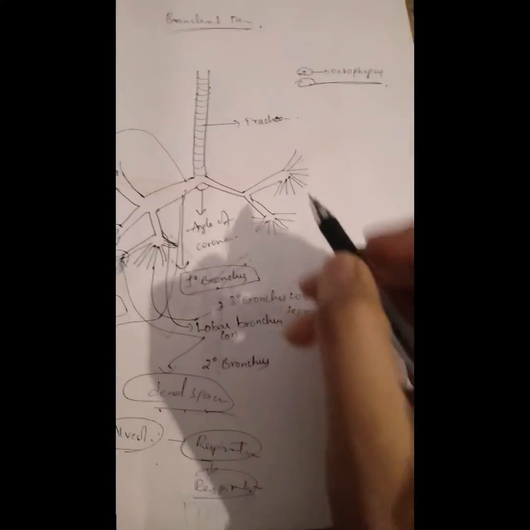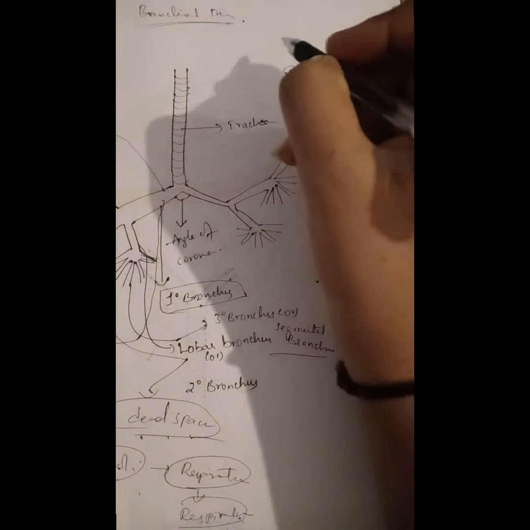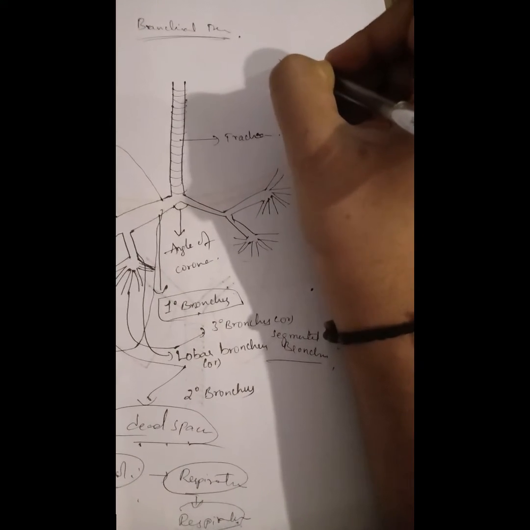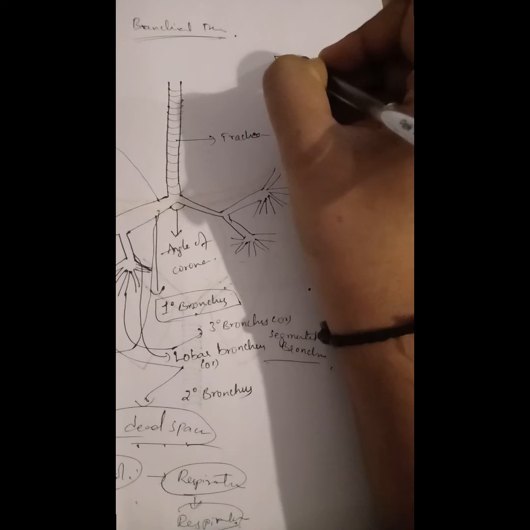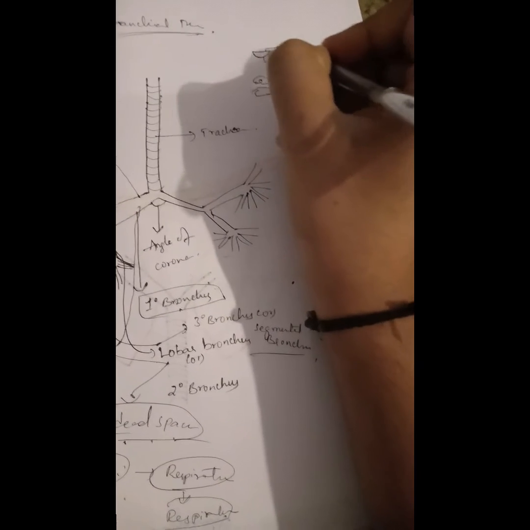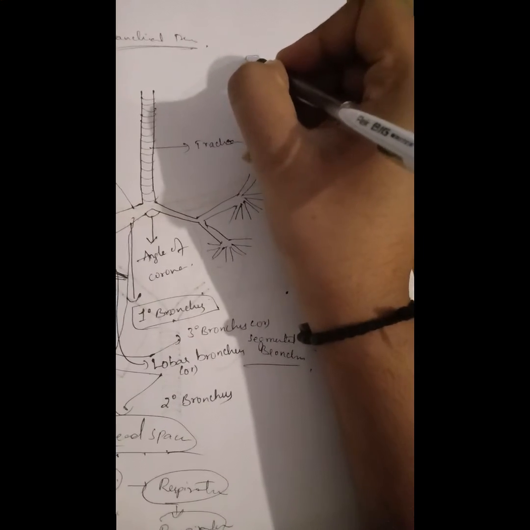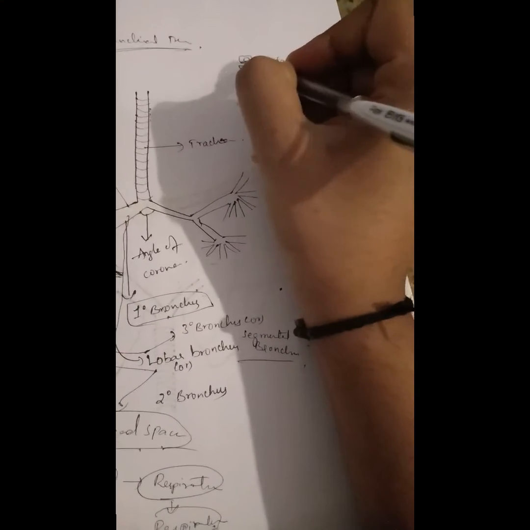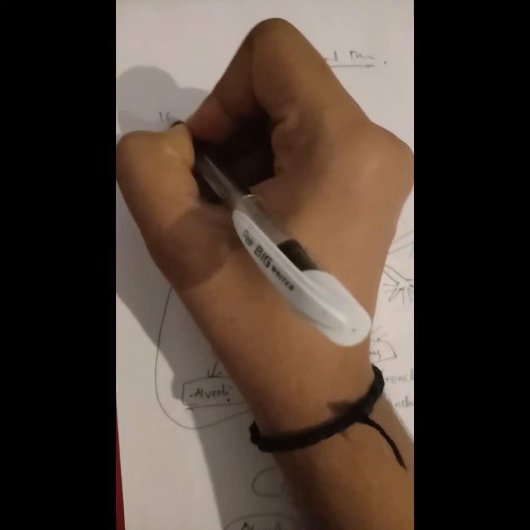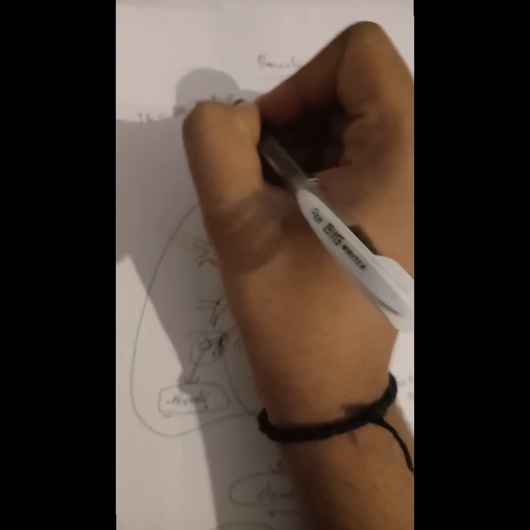Friends, I forgot to say one more point when discussing the topography of the trachea. It has C-shaped cartilaginous rings. On the backside, of the two surfaces, anterior and posterior, the posterior surface of the trachea is flat. After that, the esophagus is situated. Number 1: there are 16 to 20 cartilaginous rings on the trachea.